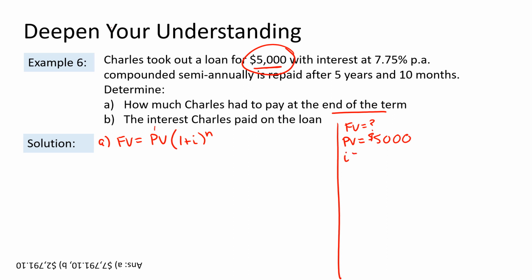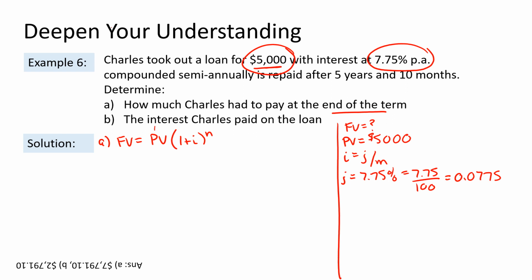Our periodic rate of interest I is equal to our nominal rate of interest divided by our number of compounding periods per year. Our nominal rate of interest is given in the question, J, 7.75%. Now remember, we have to convert that to a decimal. We do that by taking 7.75, removing the percentage sign, dividing by 100, and you get 0.0775.